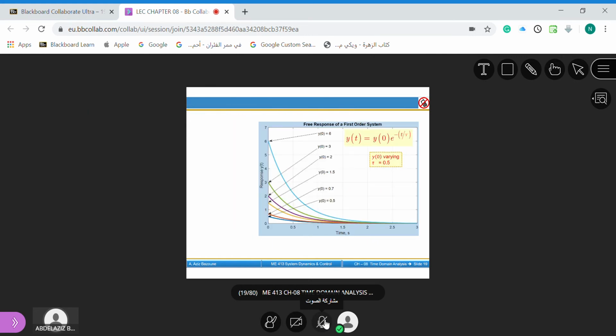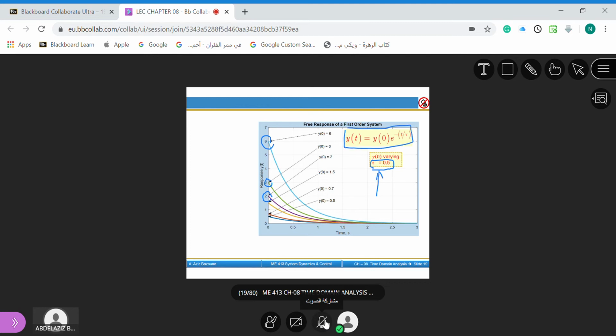So now, Shabab, if you remember, we are also varying y0, but we are fixing tau. Tau is fixed and equal to 0.5, but we are changing the initial conditions. Here the initial condition is equal to 6, here 3, here 2, here 1.5, and so on.